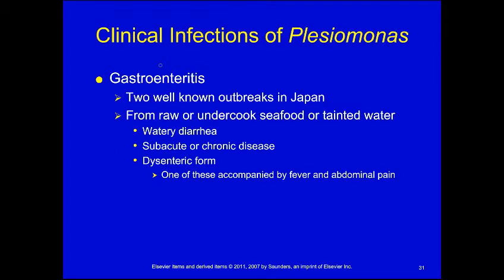Okay? So, what are the disease that your Plesiomonas can cause? Gastroenteritis. These are known for an outbreak in Japan from raw or undercooked seafood or tainted water. This causes watery diarrhea, subacute or chronic disease.